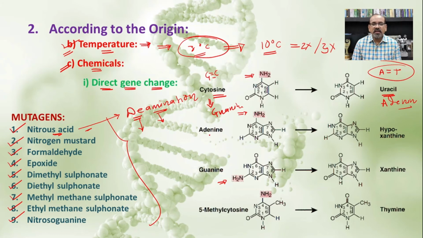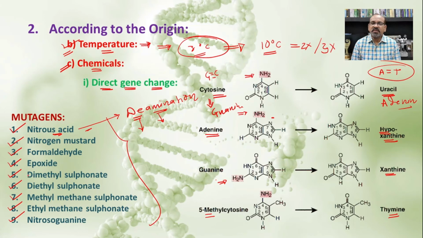In a similar manner, adenine after deamination is converted into hypoxanthine, guanine after deamination converts into xanthine, and 5-methylcytosine converts into thymine.